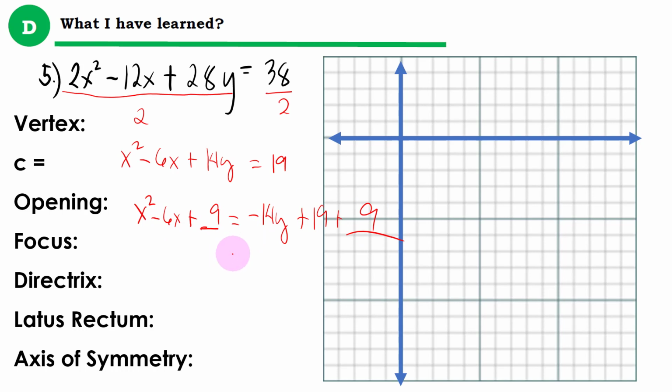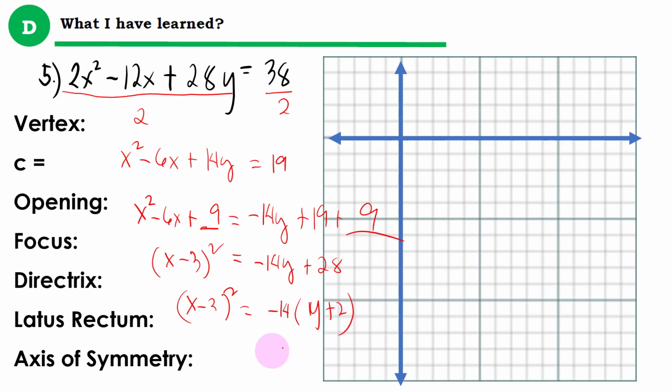So, magiging x minus 3, quantity squared, equals negative 14y, 19 plus 9 is 28. Yan. So, factor natin yun, magiging x minus 3, quantity squared, equals negative 14 times y minus 2.